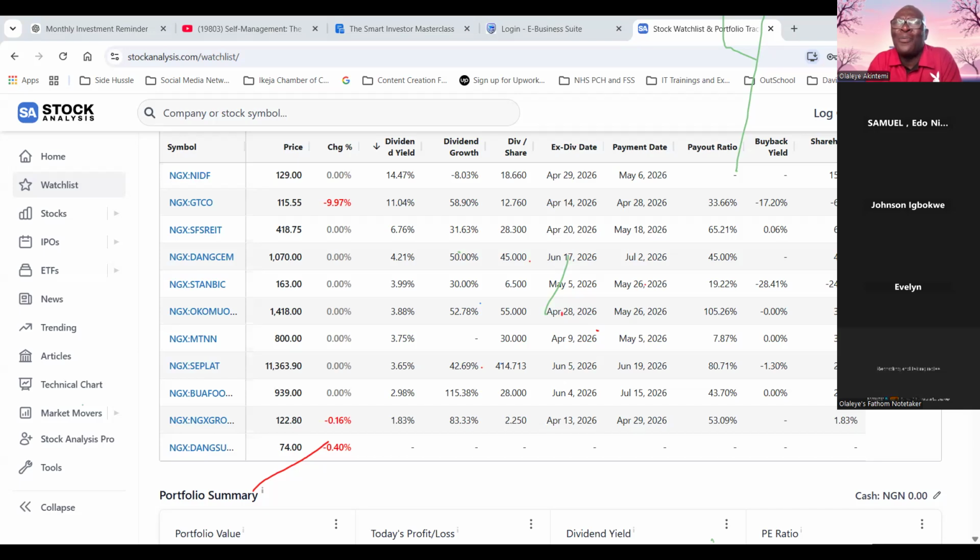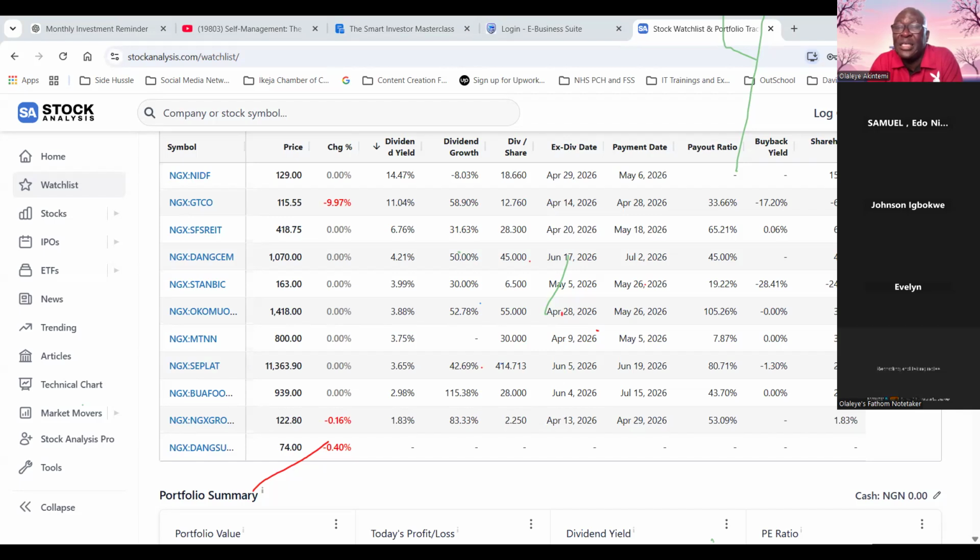In fact, I was surprised. Somebody was talking to me a few days ago, and this person was saying that he instructed his bank to buy some shares for him. And I'm saying, in this modern age, is anyone still instructing their stockbroker to buy shares for them? Are you still buying shares manually?